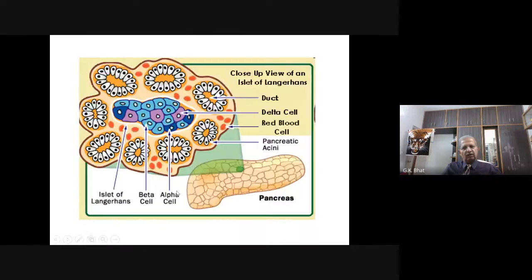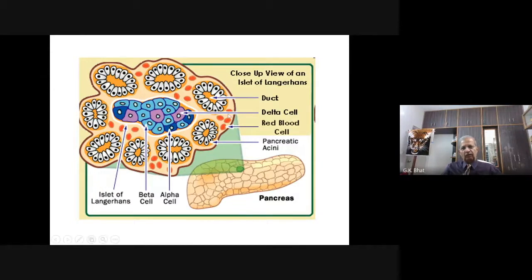Look here. This is a section of the pancreas, and what you see here are the pancreatic acinar cells, which are concerned with the secretion of the pancreatic enzymes. And this is what you have, the islets of Langerhans. In the islets of Langerhans, as you can make out here, there are alpha cells concerned with the secretion of glucagon and beta cells concerned with the secretion of insulin.